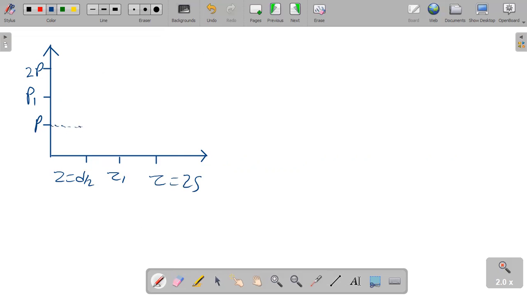So we have a graph something like this. One more thing in this graph, we need to join these points.